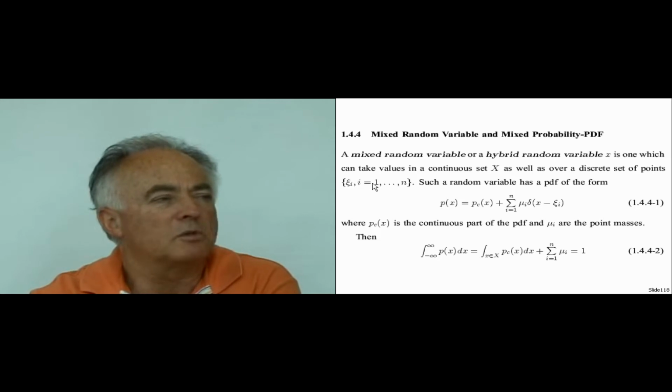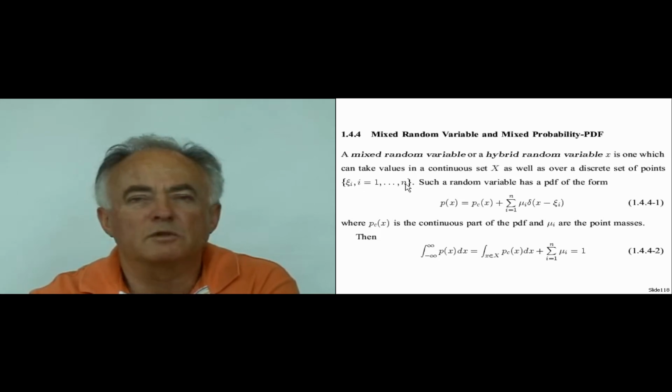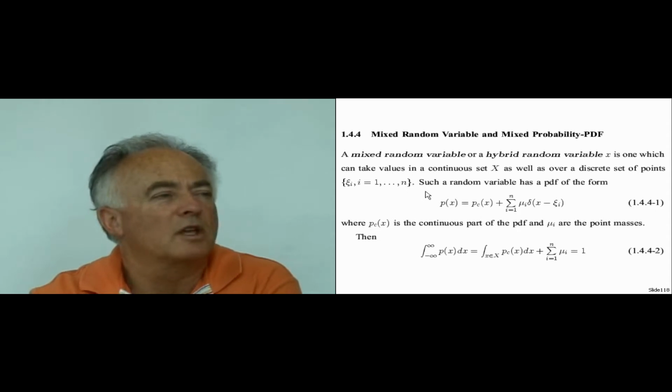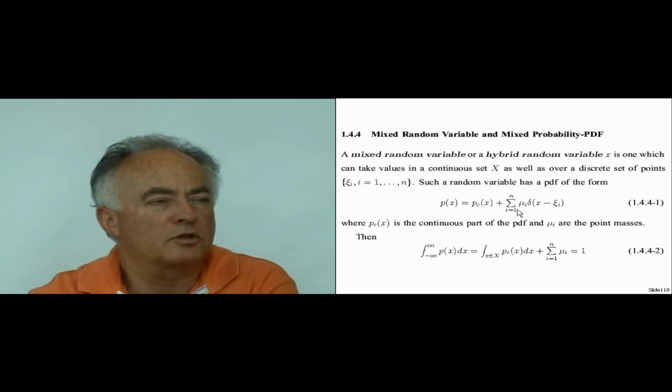And again, for simplicity, we assume there's a finite number of such discrete values it can assume. Now, such a random variable will have a PDF of the form P of x is Pc of x, where Pc is the continuous part of the PDF, plus sum of mu i, these are the point masses, times the delta functions located at x equal to psi i for all the values of i.